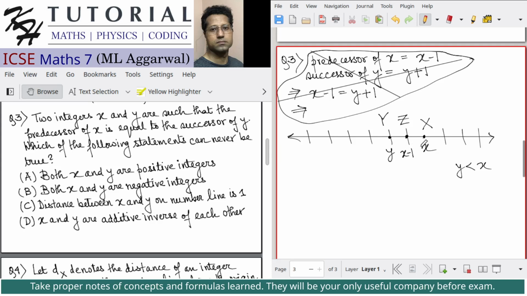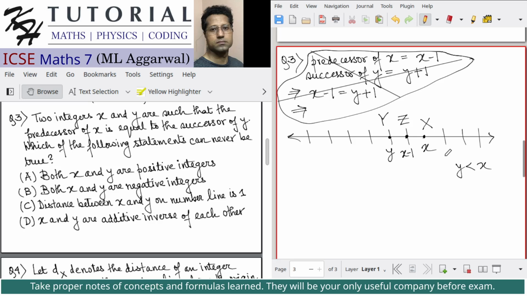So we have understood that the integer y is less than the integer x, and between y and x there is only one integer, which is x minus 1. But we do not know whether x and y are positive integers or negative integers.